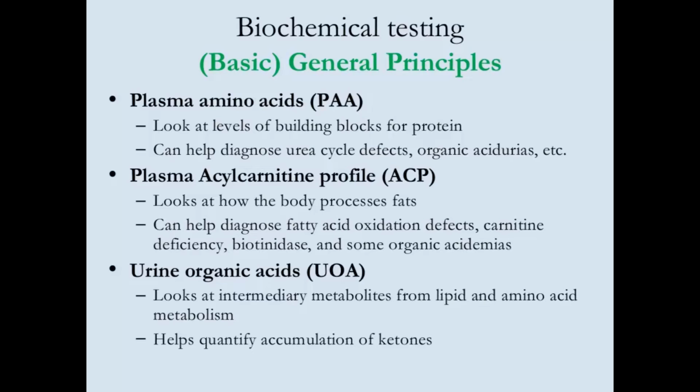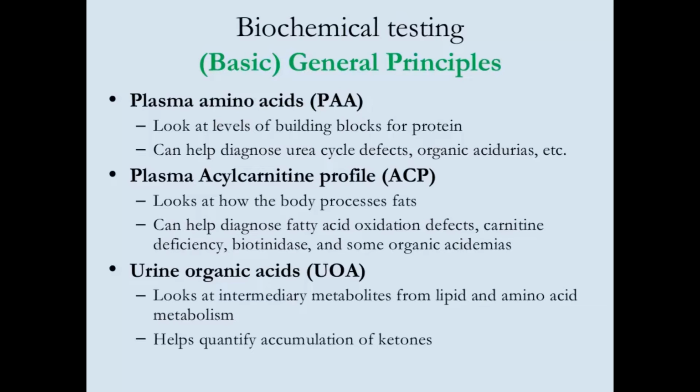And then diseases can be diagnosed based on, again, either absent levels or very high levels, indicating some disorder with fatty acid oxidation. You can also use it for diagnosing carnitine deficiency, and then they're often abnormal slightly in certain other disorders.